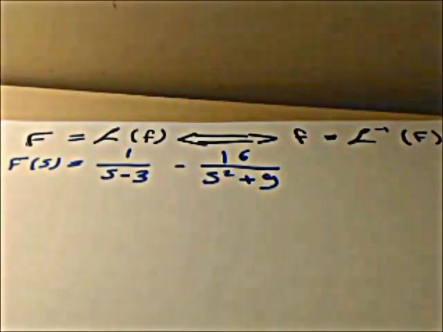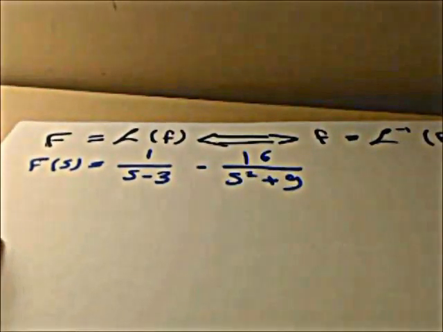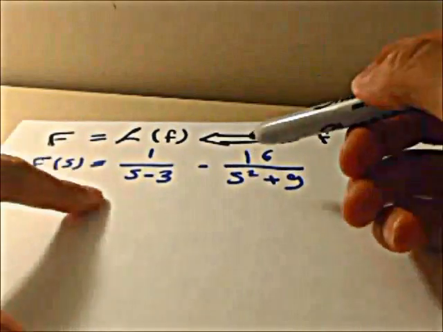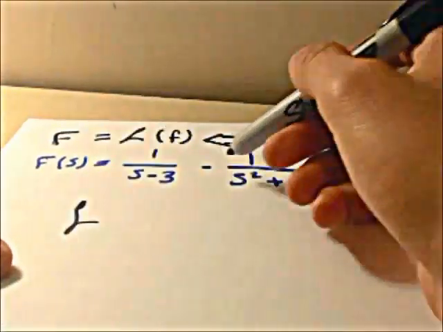So suppose that we've got F of s equals 1 over s minus 3, minus 16 over s squared plus 9. That's a 9, by the way, not a g. So what we do is take the inverse Laplace transform of each piece individually, like we do with derivatives, because there's a minus sign.